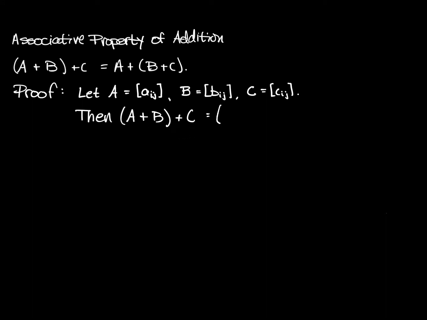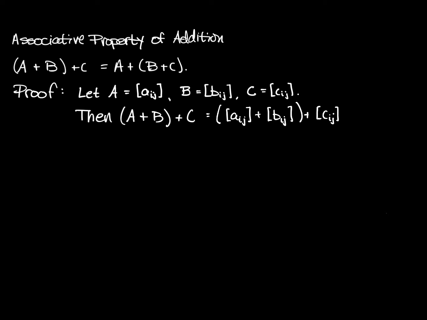Using my new notation, I get the entries in matrix A plus the entries in matrix B, I'll do that first, plus the entries in matrix C, and I'll do that last. Okay, so I haven't expressed anything unusual here except to re-annotate or use different notation for my matrices.